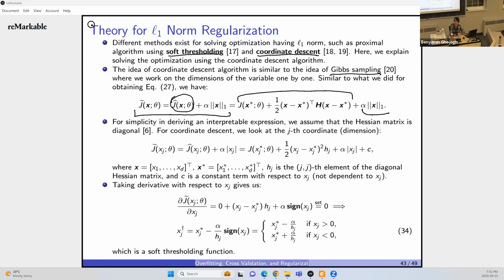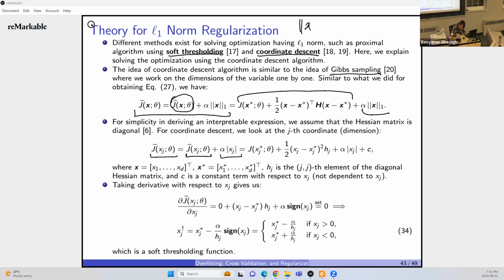Therefore, I don't consider the whole x. I consider xj, the jth element of x, and j I sweep from 1 to D, right? So only considering xj, what happens? So this becomes J hat of xj plus alpha times the absolute value of xj, right? L1 norm of x became absolute value of xj. Don't you agree?